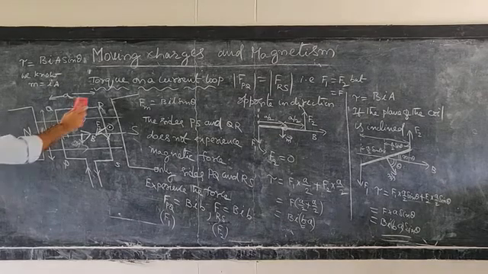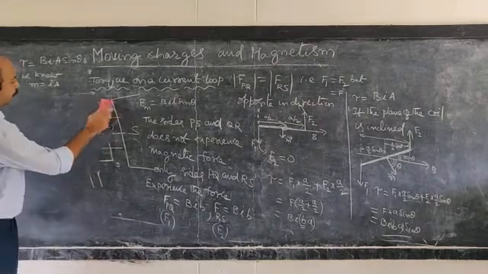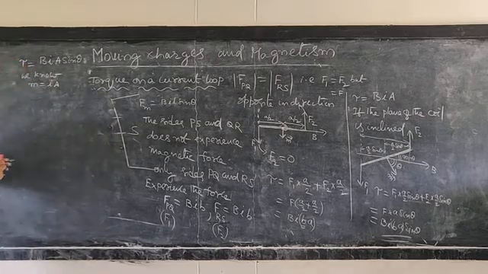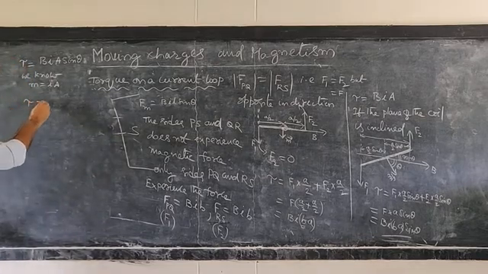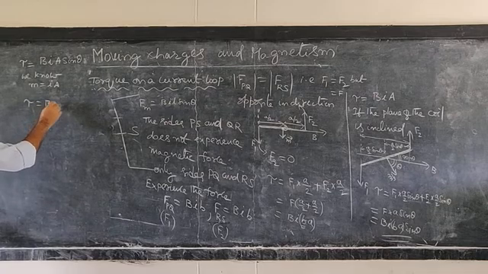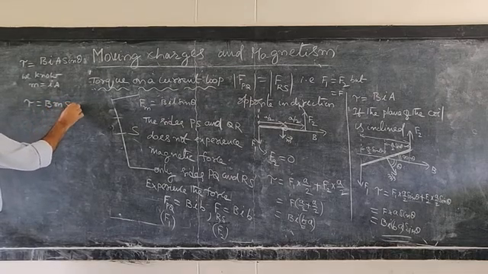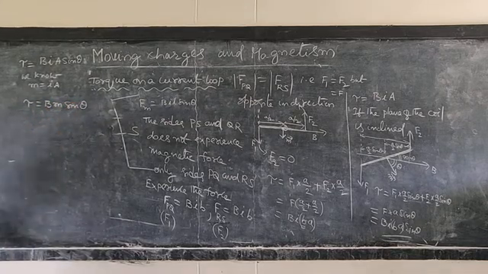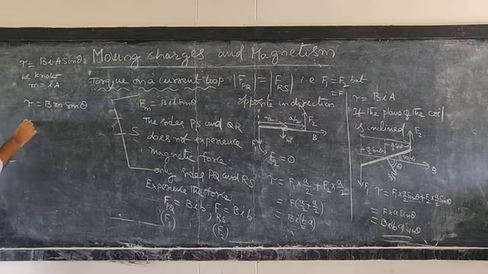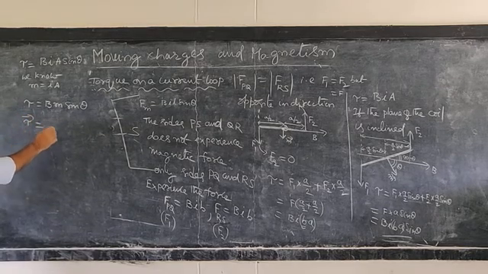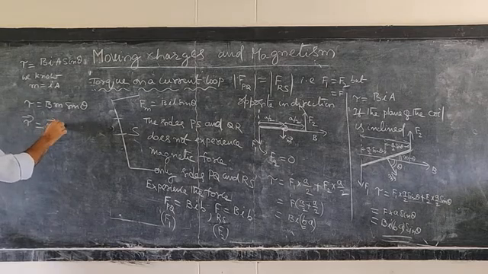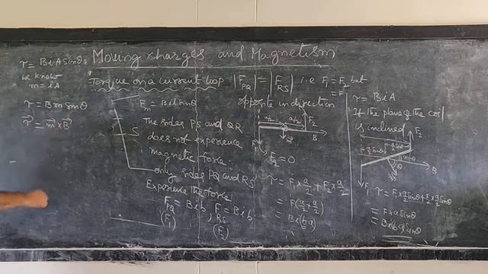Therefore, torque can be written as B m sin theta, and therefore in vector form tau bar is equal to m bar cross B bar.